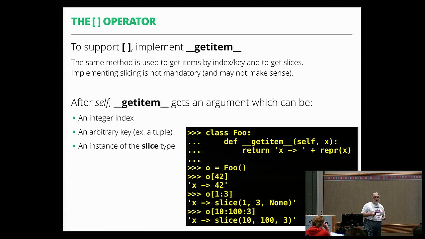And it's also used for slicing. Okay, so how does that work? The second argument, x here, that __getitem__ gets, can be either an integer index, some arbitrary key if you're implementing a mapping, or an instance of the slice type.